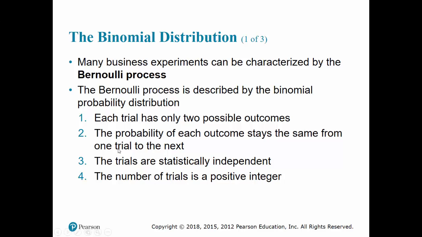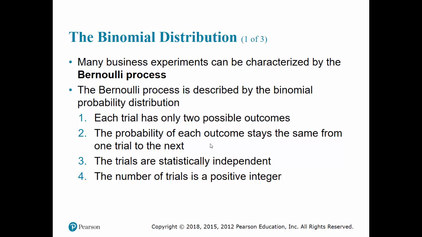Then the probability of each outcome must stay the same from trial after trial. The first time you toss the coin, if it is 50-50 for head or tail, the second time you toss the coin, it's the same coin, so the probability stays the same. The third time you toss, the probability stays the same.